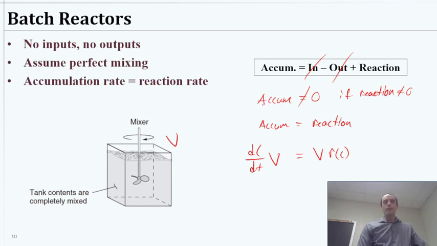So in this case, clearly the volumes cancel, but it's important that we write it there for the cases when maybe we add in some other flow rates or something, then we maintain the volume. Because what's happening is we have some accumulation in that volume. So we want to account for that.